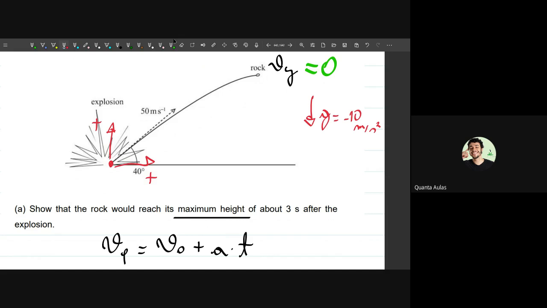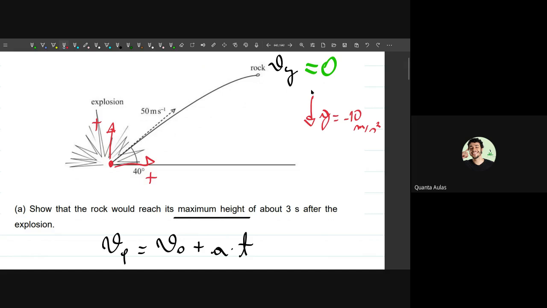A lot of students make mistakes here because they think the gravity is always negative or always positive, but no, this is only associated with the Cartesian scheme. So if we define up positive, gravity is down, so gravity is negative, right?